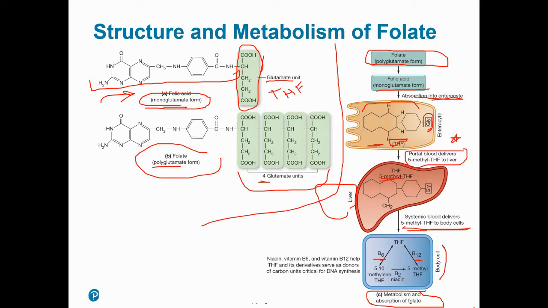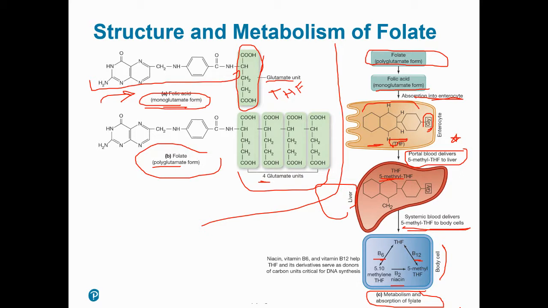What we haven't talked about yet is B12, but B12 can also metabolize tetrahydrofolate. And then B2 can also be part of the larger process of folate metabolism, depending on what the needs or uses are of the cell at that time.